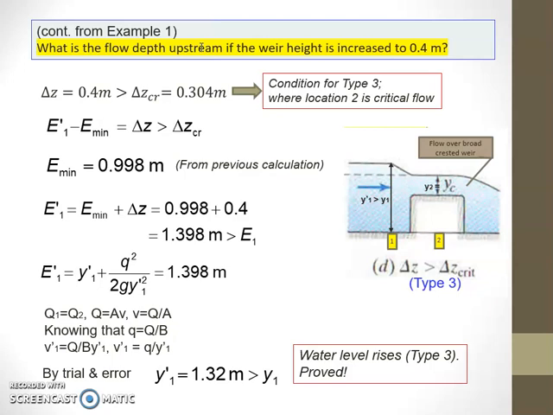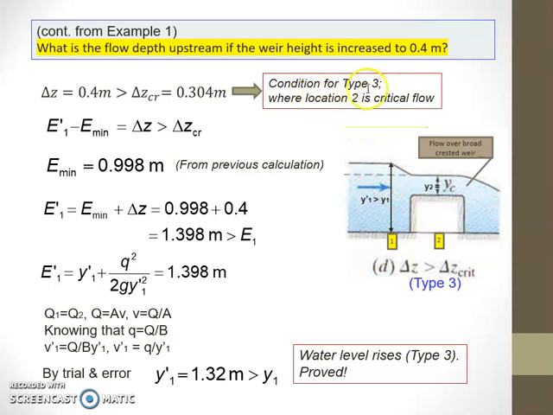And the third case, when you have delta Z which is 0.4 meter, higher than delta Z critical value. Okay, so this represents the type 3 condition where location 2 remains as critical flow, but then the flow at the upstream part will be higher than the original Y1.